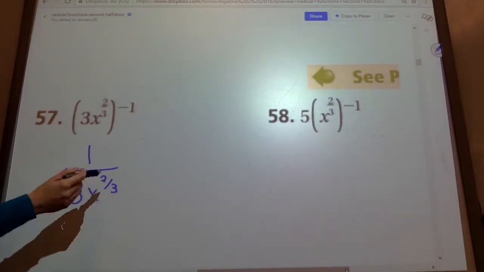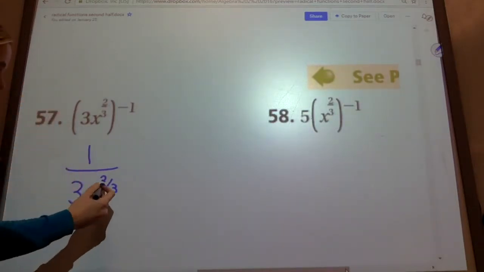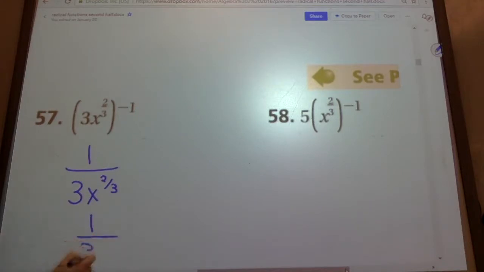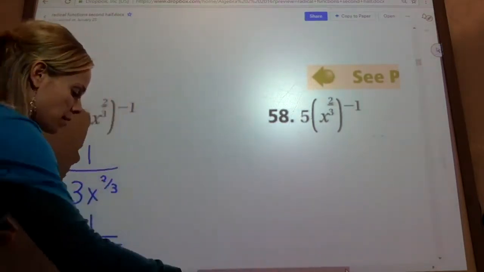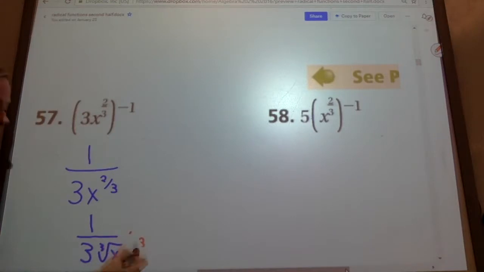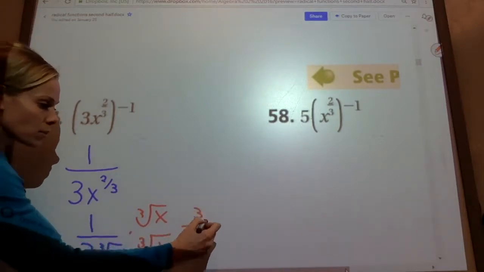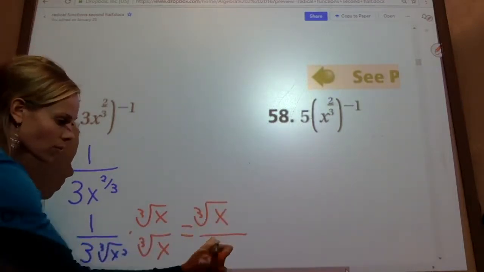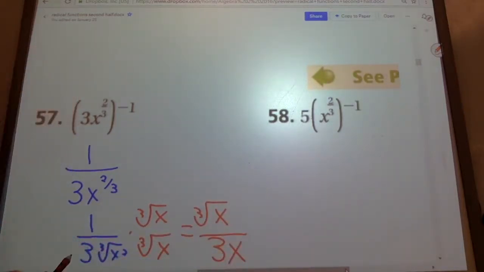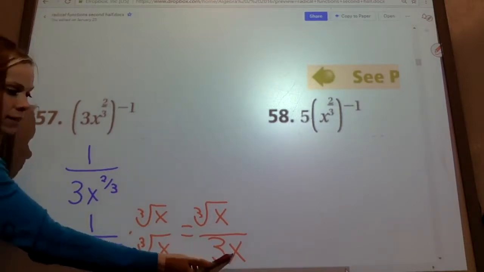So now we're back, remember what we did yesterday, I can change that to a radical, cube root of x squared. How would I get rid of the cube root? I have 2 x's, I would need 1 more x. So the top becomes cube root x over 3x, right? Because now I have 3 x's, I can take 1 out.